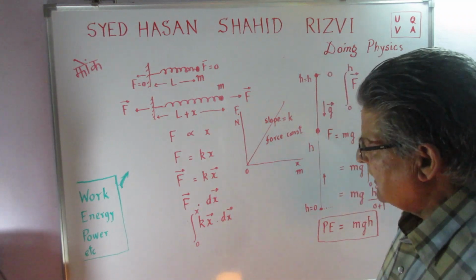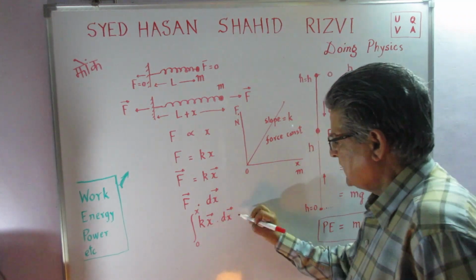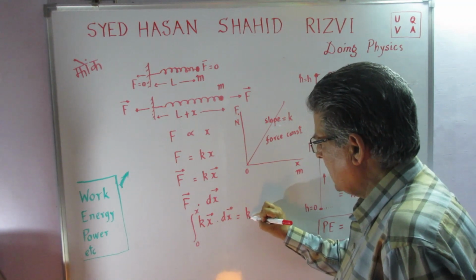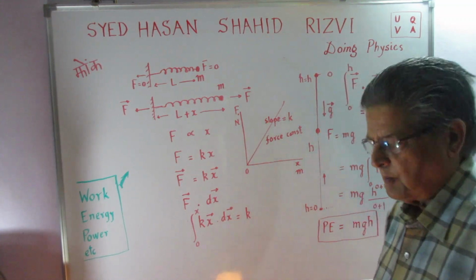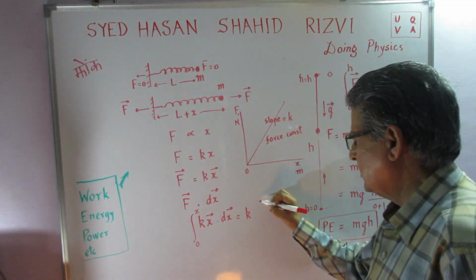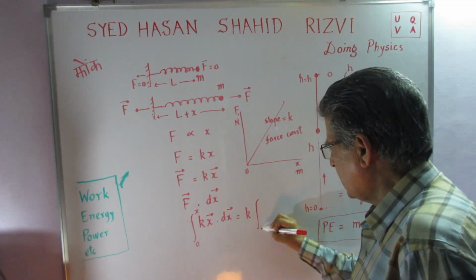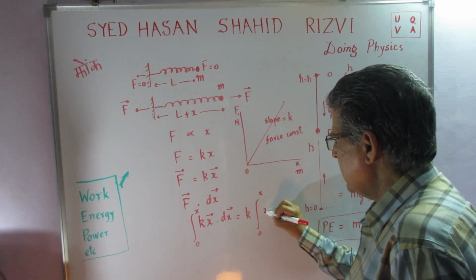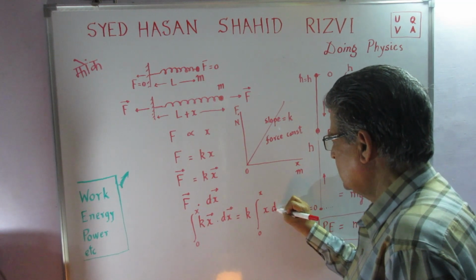The same way like I obtained before, k is a constant, and because x and dx are in the same direction, making an angle of 0, I can write this as k times the integral between the limits 0 and x of x dx.